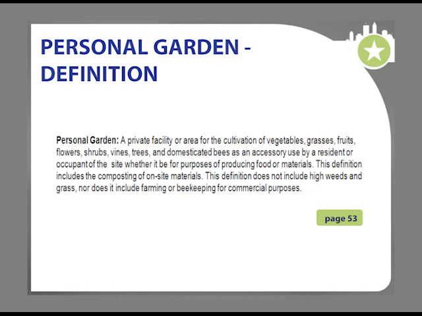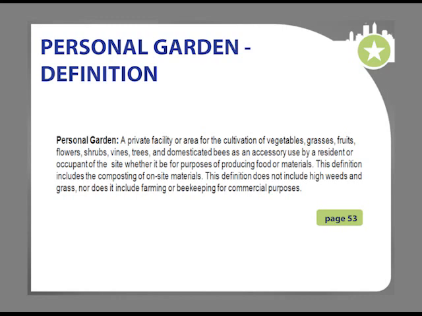We do allow composting of on-site materials under personal garden. The definition does not include high weeds or grass. In other words, you can't grow everything real tall and say, it's my personal garden. This doesn't get you out of that requirement.